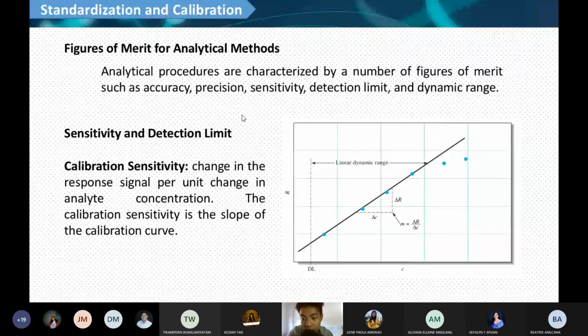So if your slope is very low, that means there is something wrong in your instrument. Then you have to check whether your instrument is working well, or is it calibrated before use. So that's calibration sensitivity. That can be determined by just looking at the slope of your line.